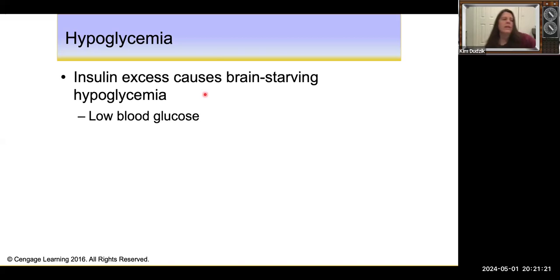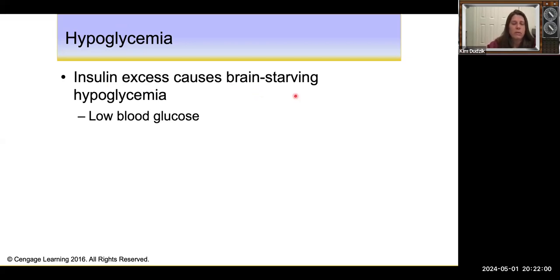But one of the issues, if you have an excess of insulin, is that it can really cause an issue with your brain. Sorry, you might hear my dog barking. Because remember, the brain needs a continuous supply of glucose. And while the glucose uptake by the brain is not insulin dependent, it is plasma glucose level dependent. So with an excess of insulin, it's overall lowering too much the amount of glucose in the plasma, and therefore there's not enough glucose in the plasma to feed the brain.